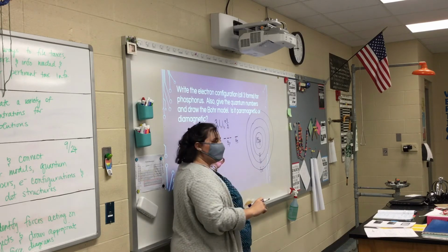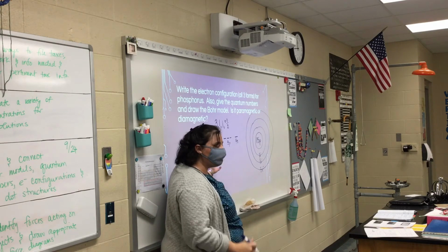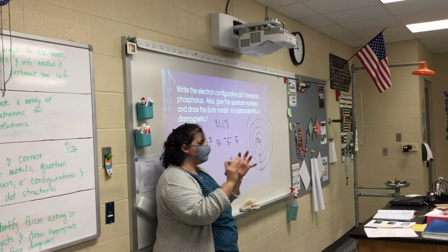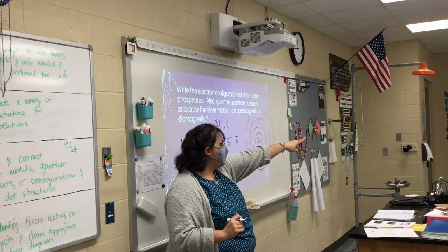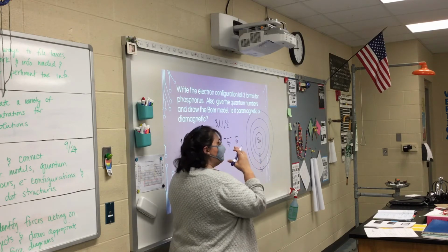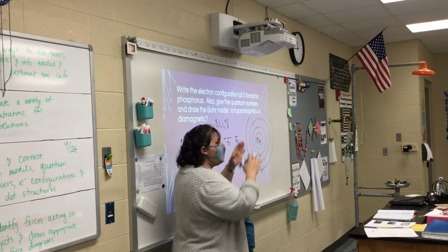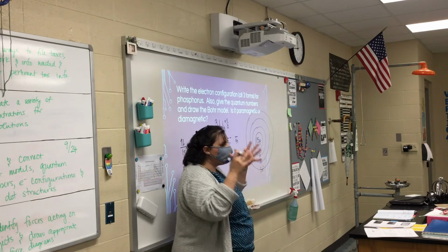So these 3 orbitals correspond to negative 1, 0, and 1. Those are our m sub L values. They're just different orientations in space, but we identify them by negative 1, 0, and 1, just like we do over there. And then the first half is spin up because we put 1 up arrow in each orbital. And the second half is negative spin because we put 1 down arrow after each one has an up arrow.